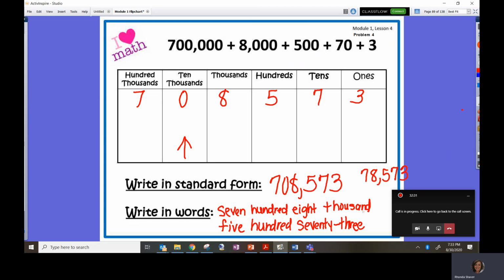All right, let's read it and see if we've written it correctly. 708,573.